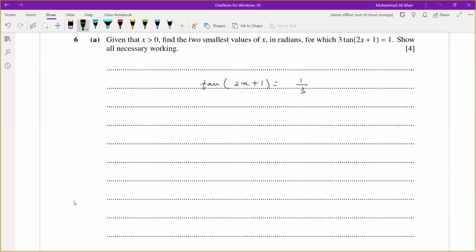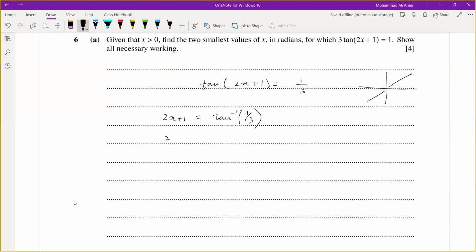Tan is positive. Tan is positive. So where will it be? In the first quadrant and in the third quadrant. So now 2x plus 1 equals tan inverse of 1 upon 3.